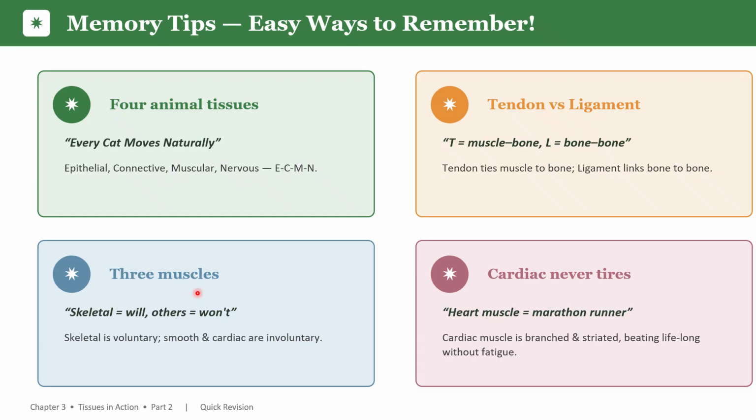And three muscles: skeletal is voluntary, so you can move it willingly, while smooth and cardiac are involuntary. Cardiac never tires; the heart muscle is like a marathon runner. Cardiac muscle is branched and striated, beating lifelong without fatigue.